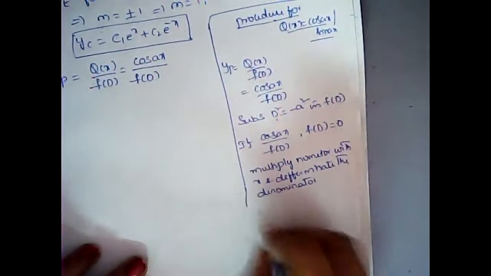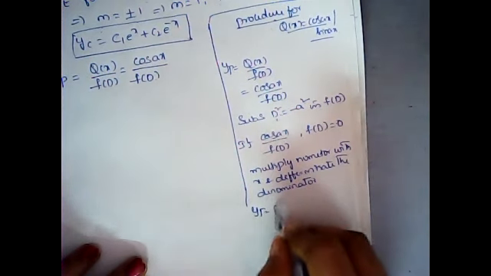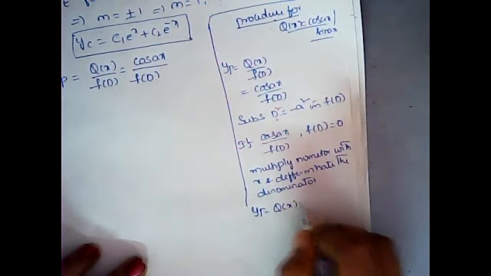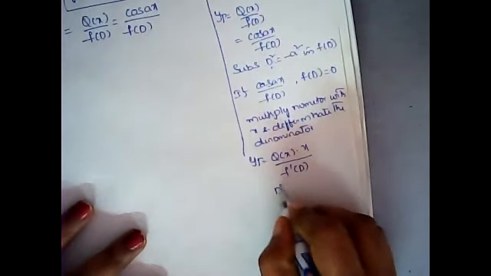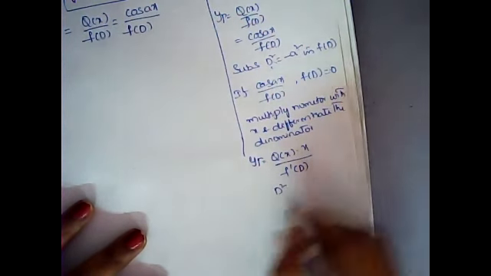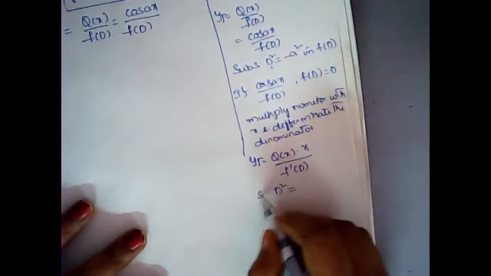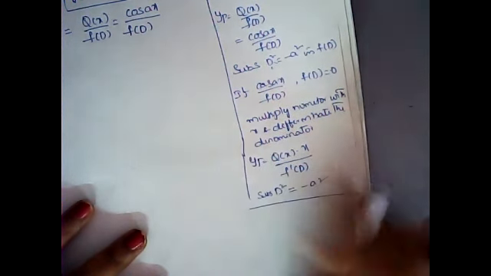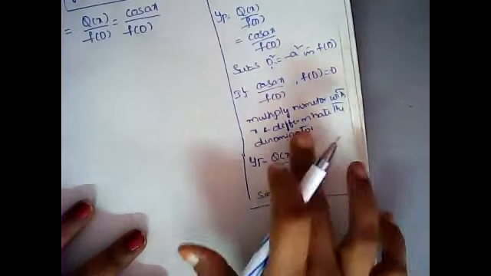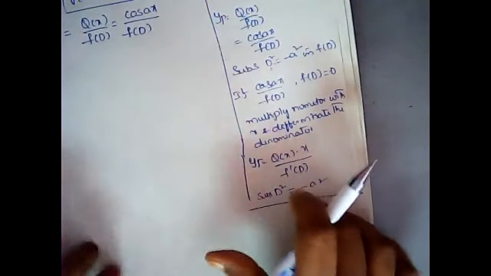That means yp is equal to Q of x into x by f dash of D. After differentiating, if you again have the term D squared, then we substitute D squared is equal to minus a squared. In this way we need to do it. This is the procedure for solving cos ax and sin ax.